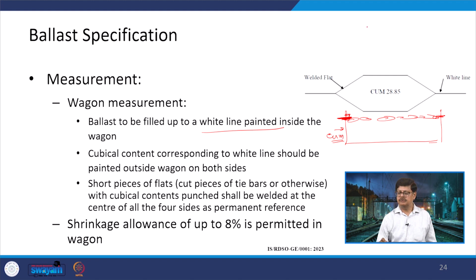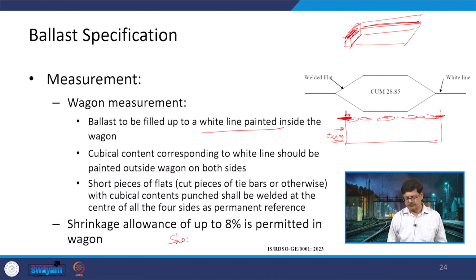So, a continuous line is going to be painted, and at that particular paint the tie bar is being fixed. Now, shrinkage allowance of up to 8% is permitted in the wagon, because when it is being transported from the quarry site to the location where it is to be transferred, there are shocks and vibrations.